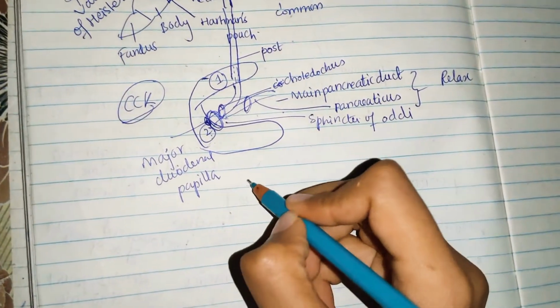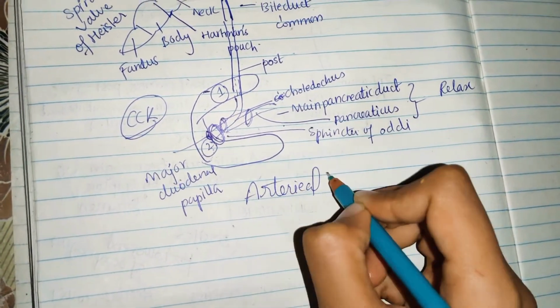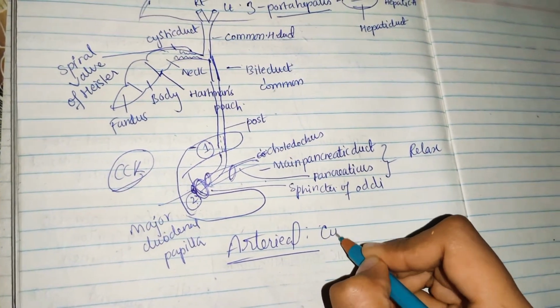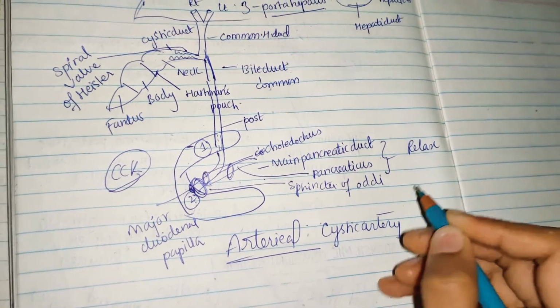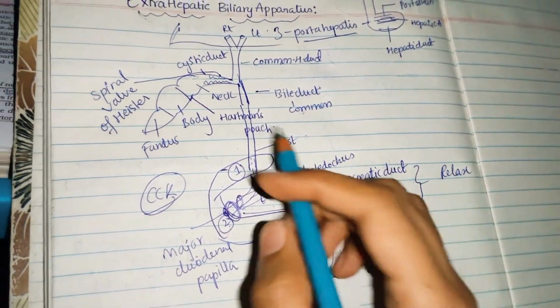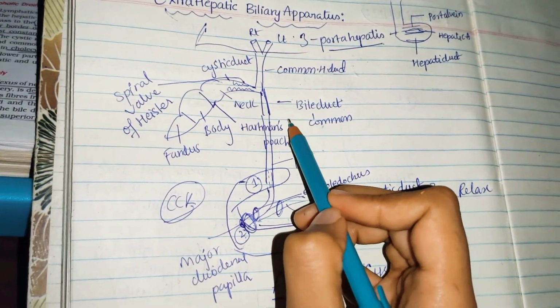Now let's see the arterial supply for the extrahepatic apparatus. You have the cystic artery. The cystic artery is the chief artery of blood supply. It is mainly distributed to the gallbladder, the cystic duct, the hepatic duct, and also the upper part of the bile duct. Next comes the posterior superior pancreaticoduodenal artery. This artery supplies the lower part of the bile duct.